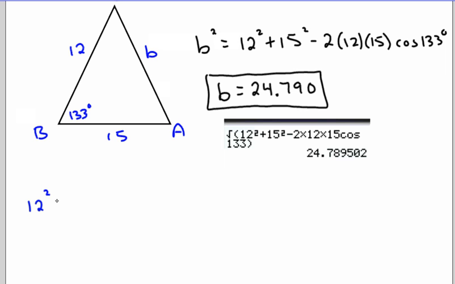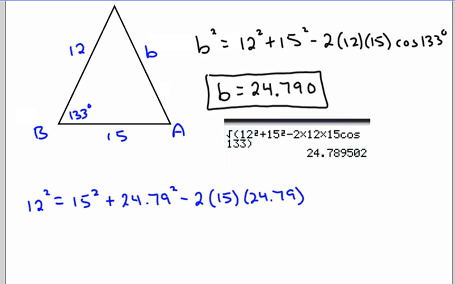So that's 12 squared. That's going to equal the sum of the other two sides squared, so 15 squared plus 24.79 squared, minus twice the product of those two sides times the cosine of the angle in between. So times the cosine of A if I'm trying to find angle A.